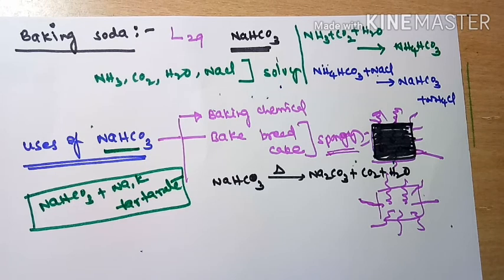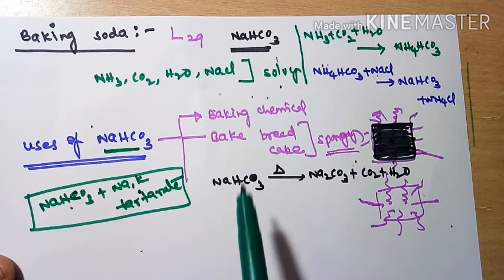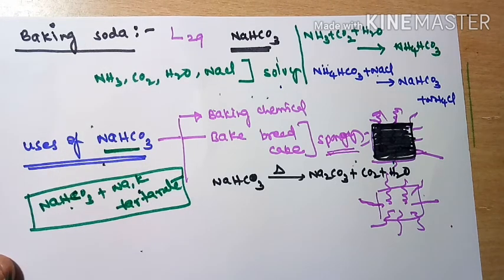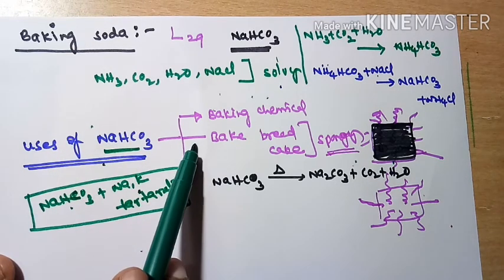Actually in baking soda these two chemicals are present. These are the concepts regarding baking soda preparation and uses of baking soda. Uses of baking soda are very important for the examinations.